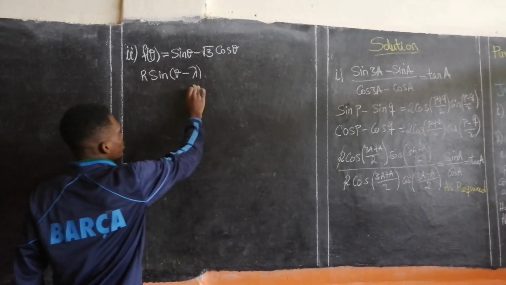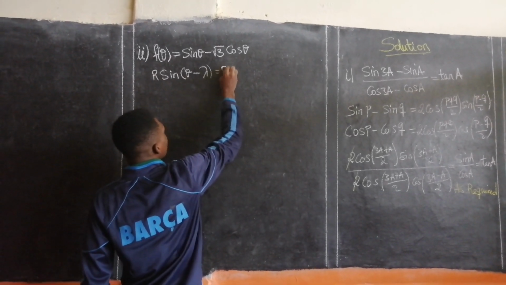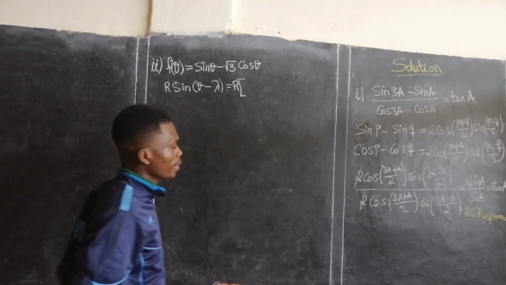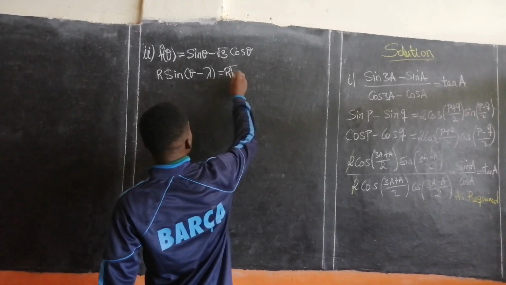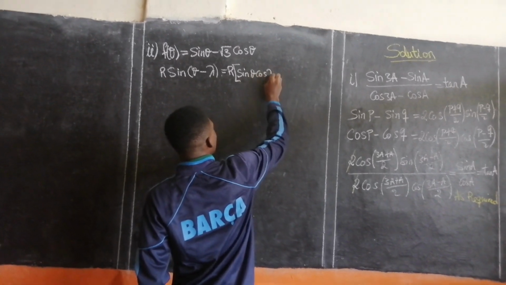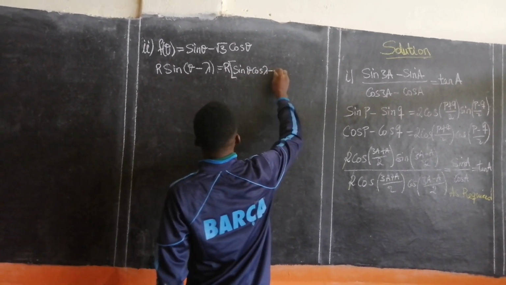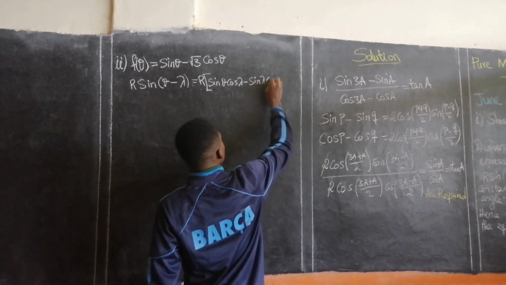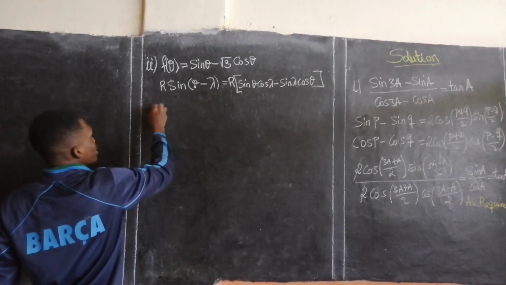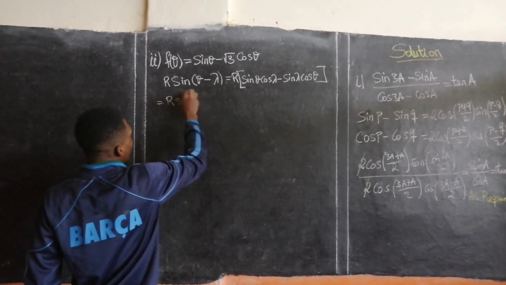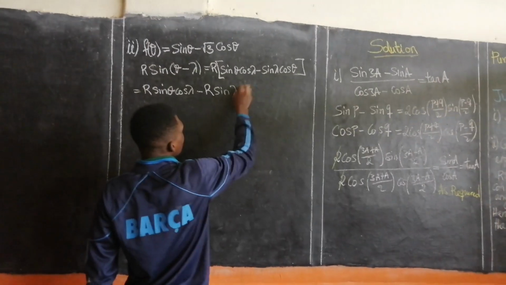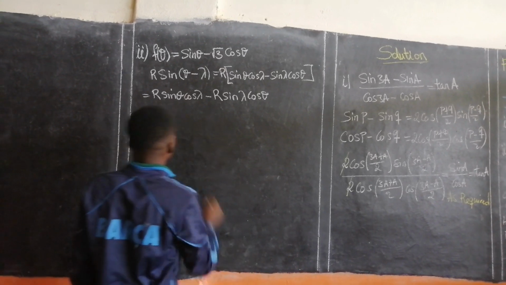So we need to express this as r times sine theta minus lambda, which is the same as sine theta cos lambda minus sine lambda cos theta. This is an identity. So it means this is the same as r sine theta cos lambda minus r sine lambda cos theta.